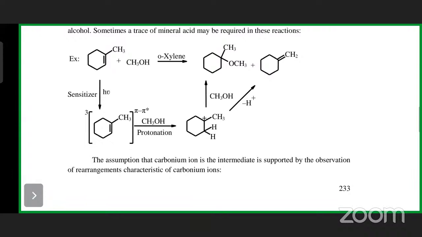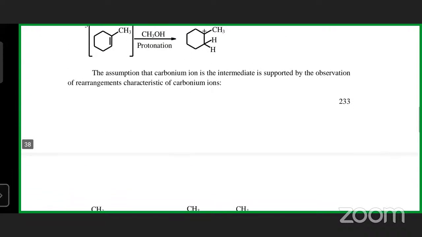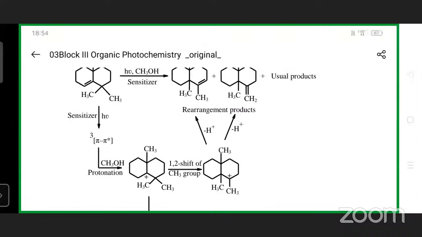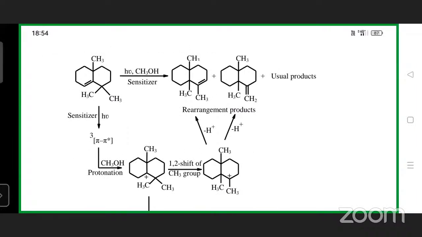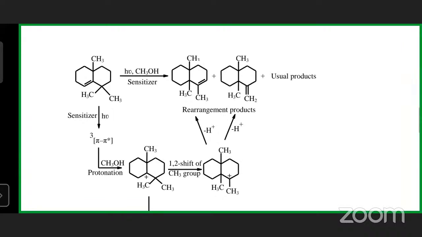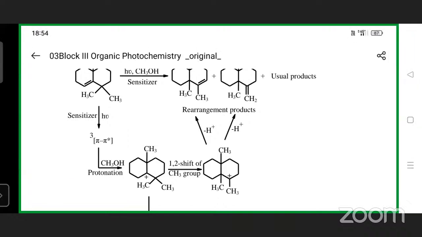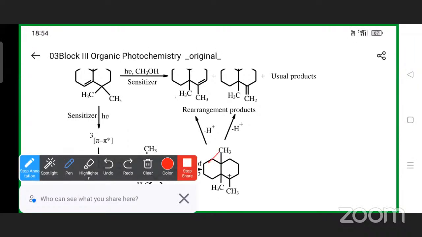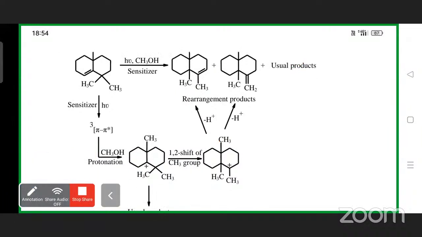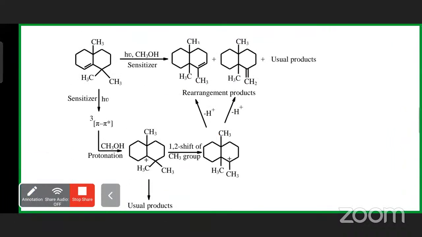Here also the same thing, upon the shift of this one, by abstraction of this proton we are getting this. So like this, we are getting various products by using this bicyclic derivative.